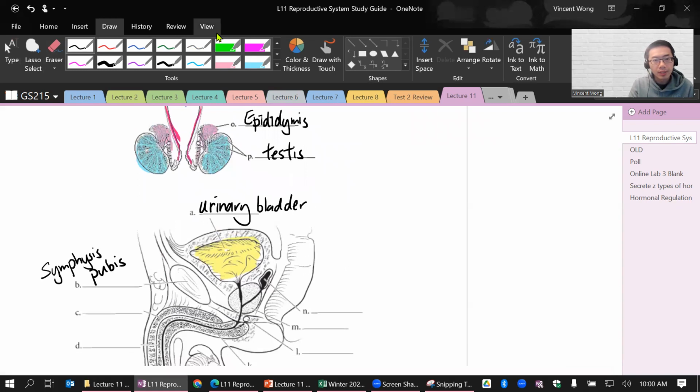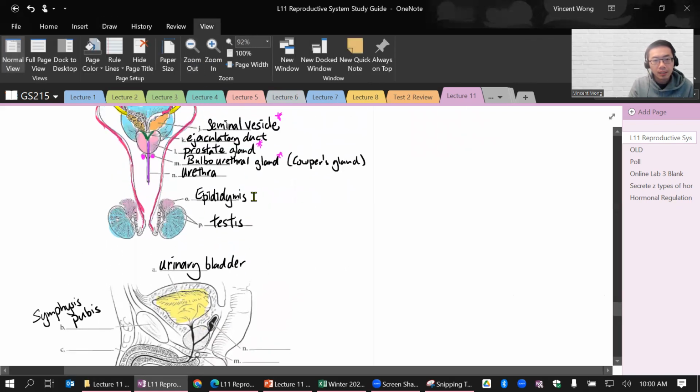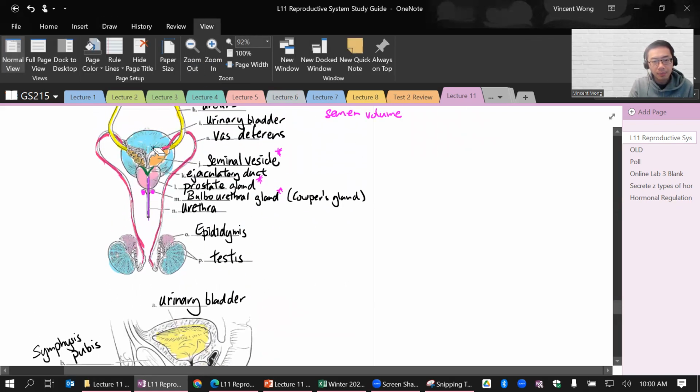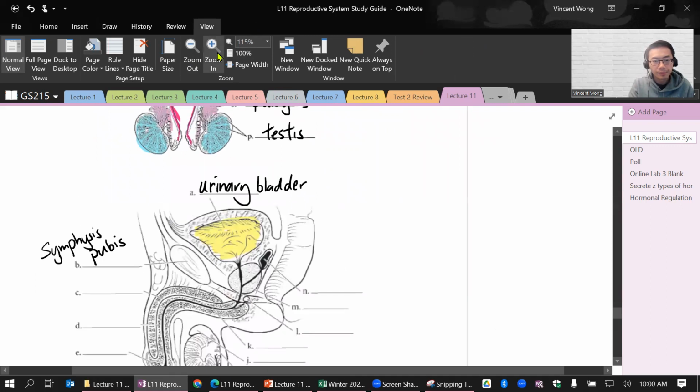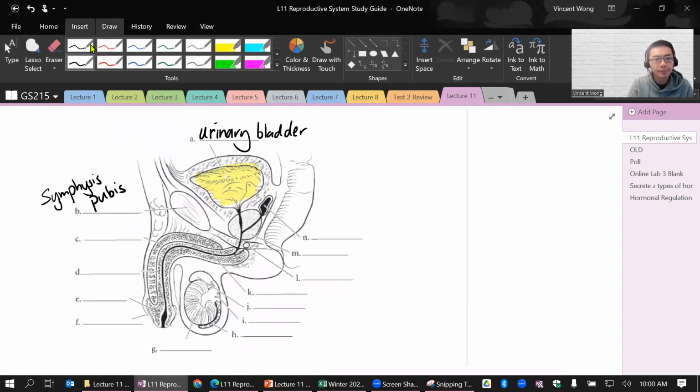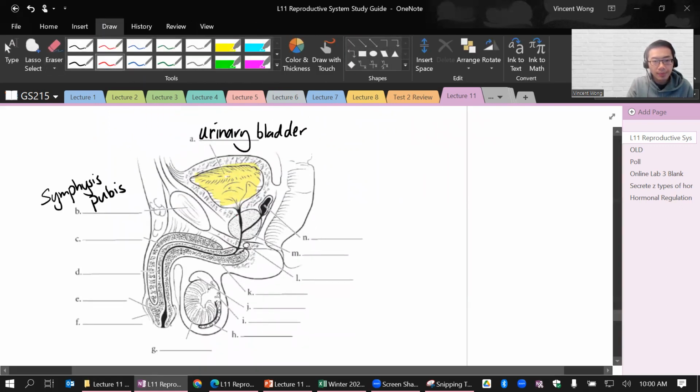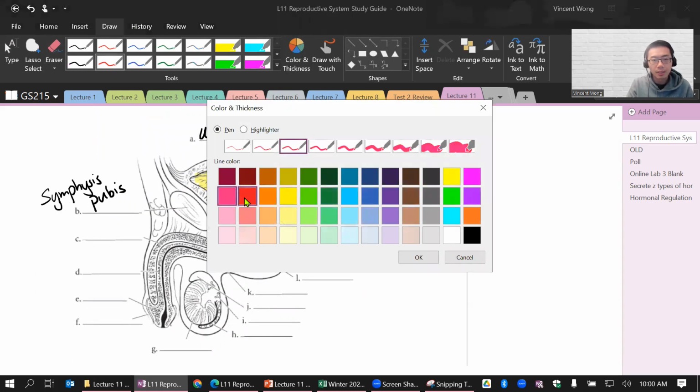Try to see here, that's the blue thing here. That's the urinary bladder, and then the prostate gland is right there. Let me try to color it for you.